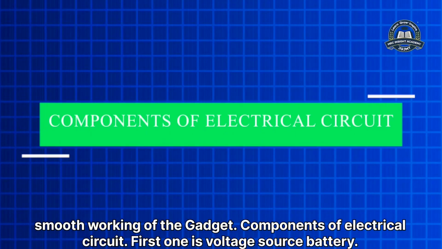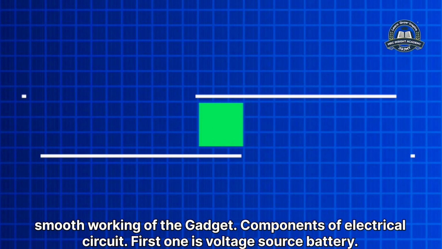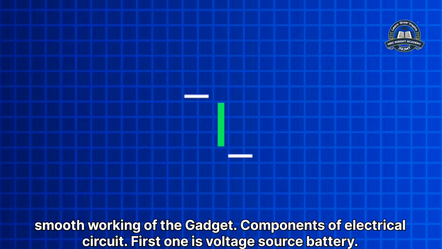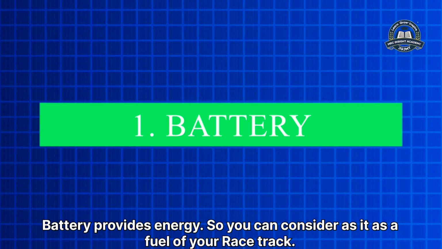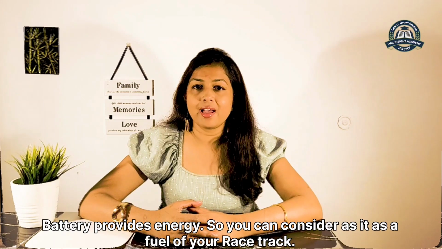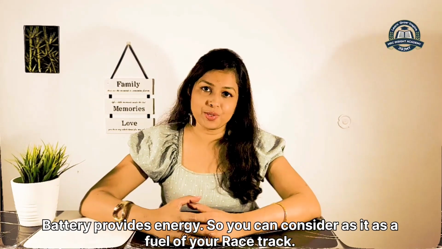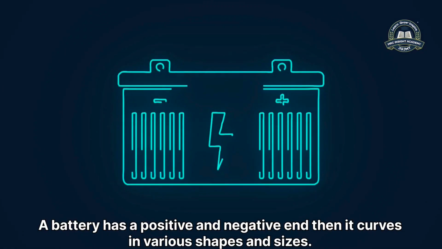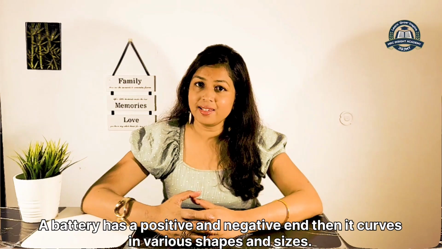Components of an electrical circuit. First one is the voltage source, the battery. The battery provides energy, so you can consider it as the fuel of your racetrack. A battery has a positive and a negative end, and it comes in various shapes and sizes.